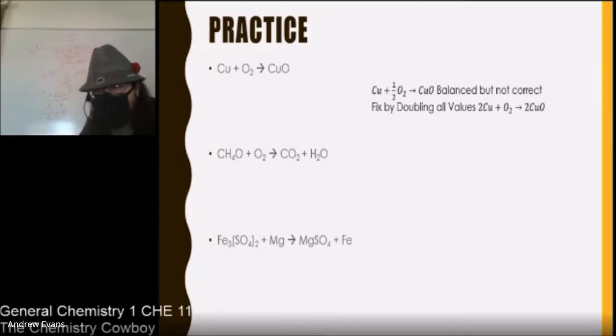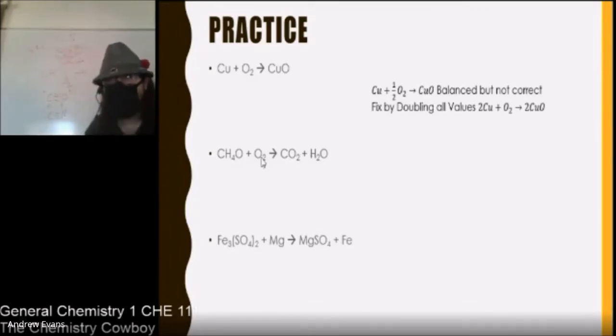Always balance the oxygen last. So I'd say there's 1 carbon, 4 hydrogens, 2 hydrogens. So the first thing I would do is double the hydrogens.